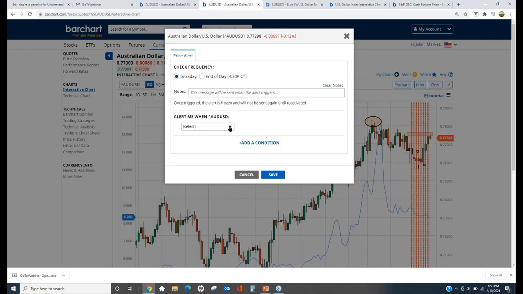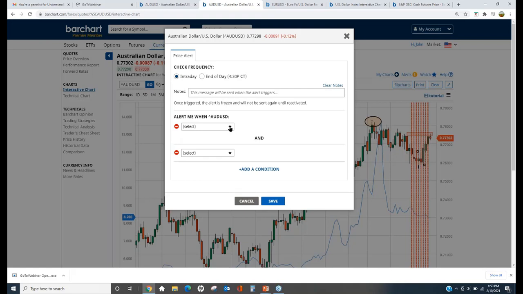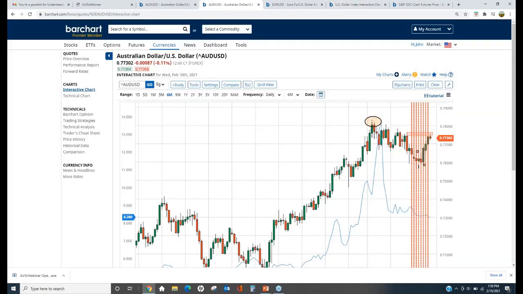If you're a premier member, and that's what John is showing you right now, you can set, for instance, if you go to the opinion indicators, or even Barchart opinion, if the symbol falls into the 100% buy or sell category, you can set an alert for it. So those are a few questions that came in.